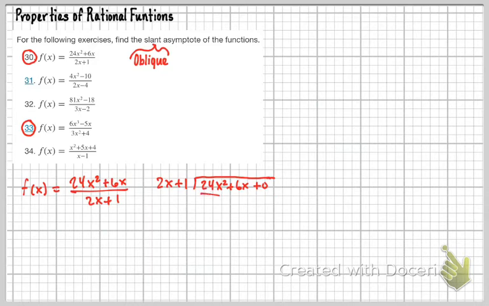Okay, so now I'm going to say, what do I multiply 2x by to get 24x squared? So that's the first thing. And again, I have two terms here, so I'm going to have to move over two terms. So that number I'm going to put in is going to be 12x, and I'm going to put it right over the 6x since that's the second term.